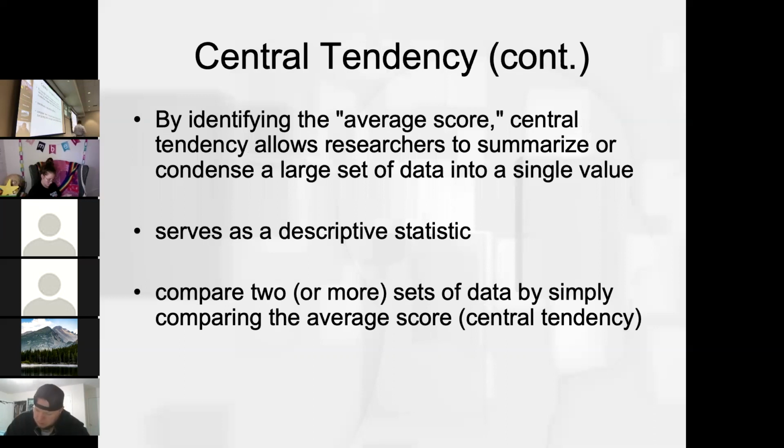By identifying this average score, it's going to allow researchers to condense a lot of data into a single description point.